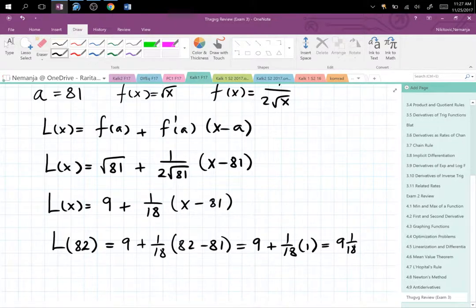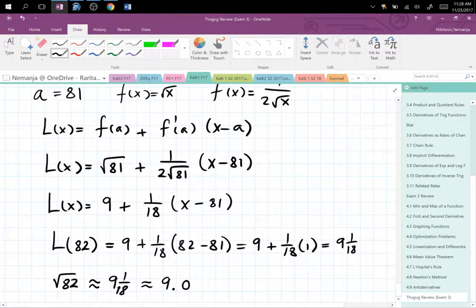So we can calculate that 1/18. What is 1 divided by 18? Square root of 82 is approximated by 9 and 1/18, which is approximately 9.05555 going forever.